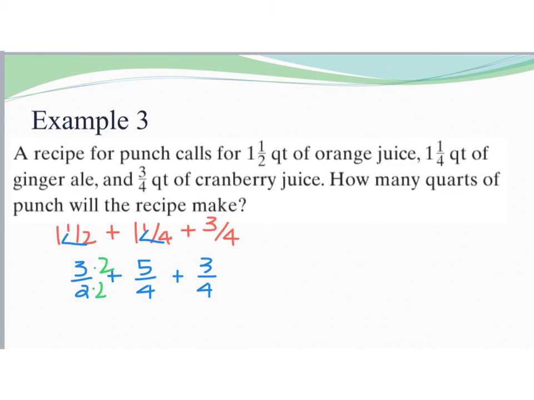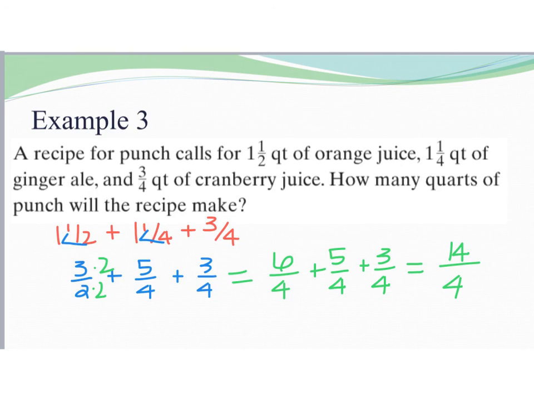So I really have 3 times 2, which is 6, and 2 times 2 is 4, so I could do 6/4 plus 5/4 plus 3/4 if I choose. Now again, my denominator will be in fourths, and if I add my numerators, I have 6 plus 5, which is 11, plus another 3 is going to give me 14.